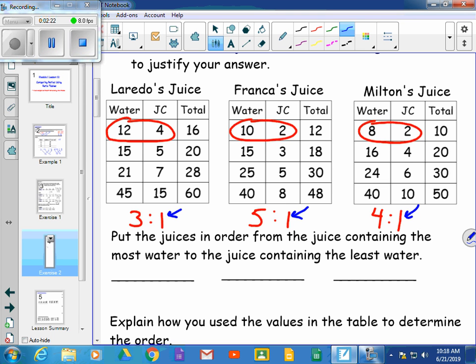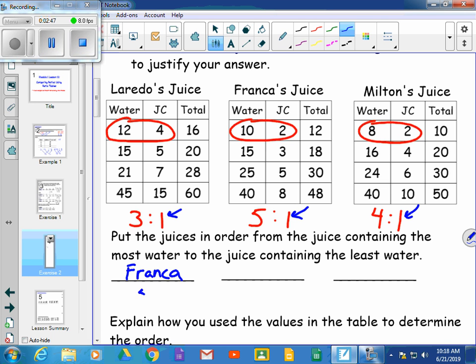Let's put the juices in order from the juice containing the most water to the juice containing the least water. Every one of these, since we have 1, that's how much juice concentrate was added. The first number was how much water was added. Franca added the most water to every 1 cup of juice concentrate.